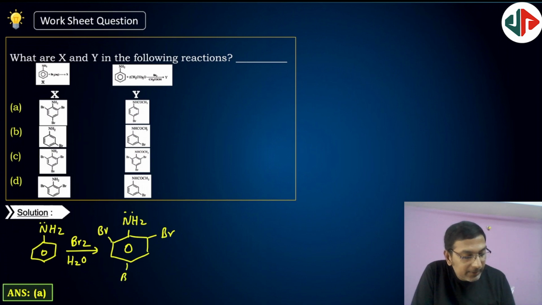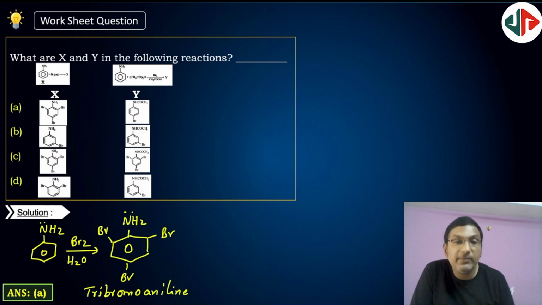Aromatic electrophilic substitution. This is tribromoaniline, which is white precipitate. This can be used as test for aniline. Next, second reaction.